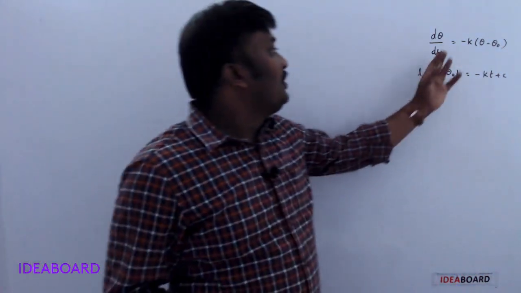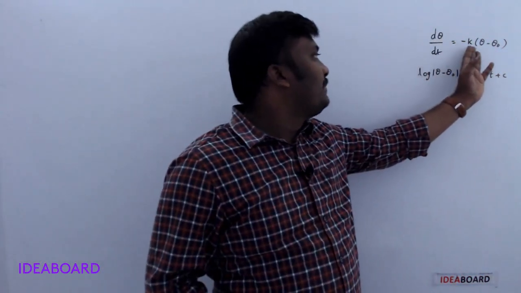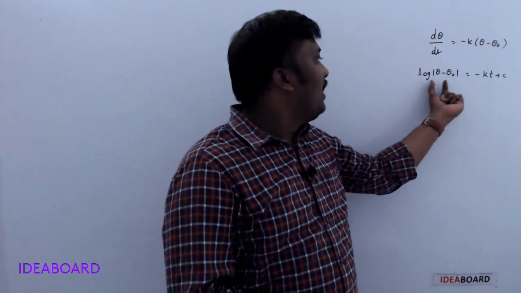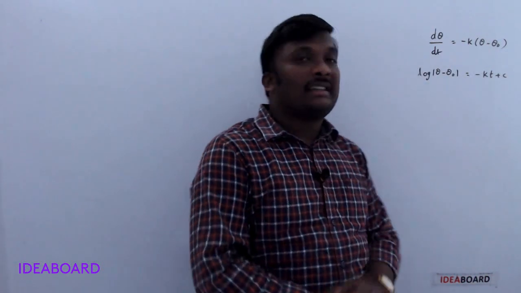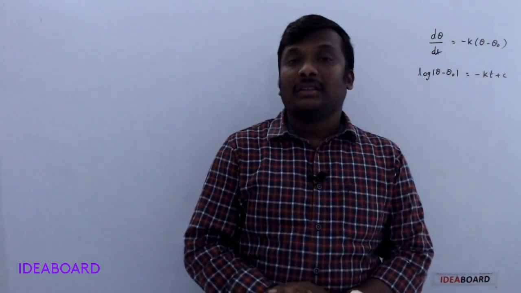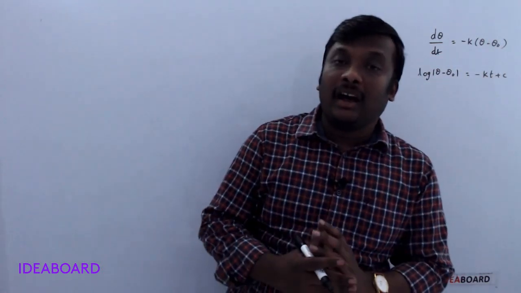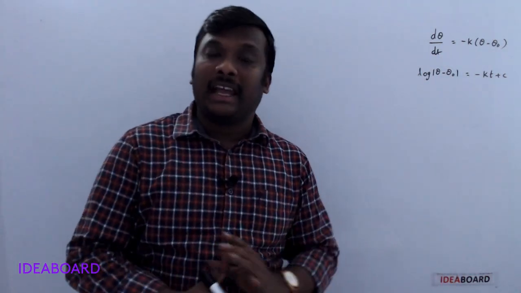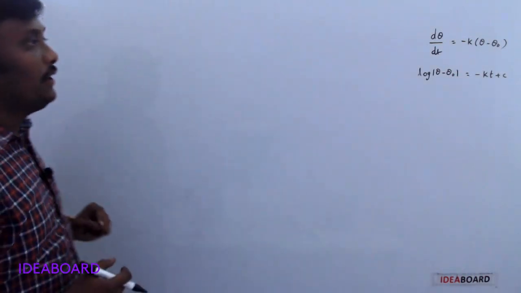So from equation 2 we got d theta by dt as minus k into (theta minus theta naught), and from equation 3 we got log (theta minus theta naught) is equal to minus kt plus c. Now by using these formulas we may draw another curve between the temperature of the body and the time. Listen carefully.